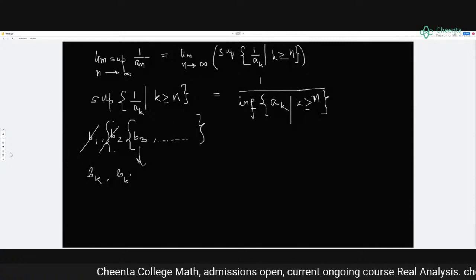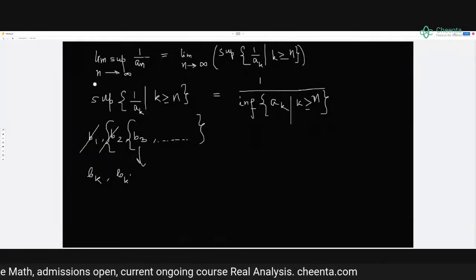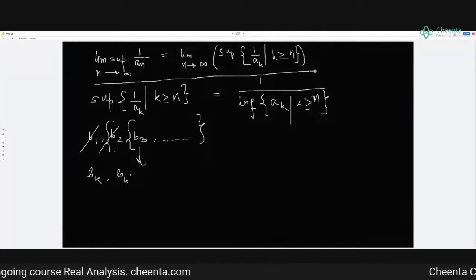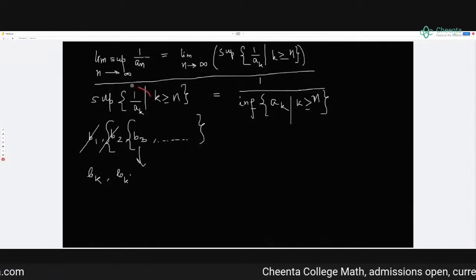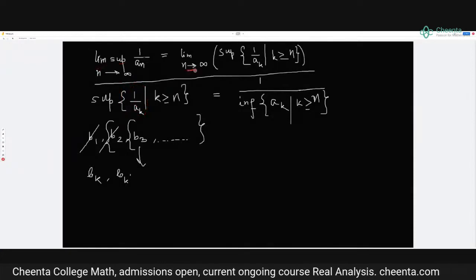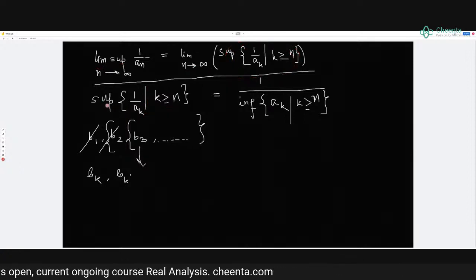So what is the observation that you need here? Limit supremum is precisely this, right? If you are talking about the supremum of 1 by ak, the limit supremum is just the limit as n tends to infinity of this sequence of sets. What is that set?